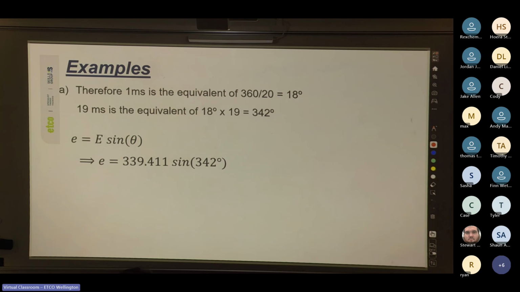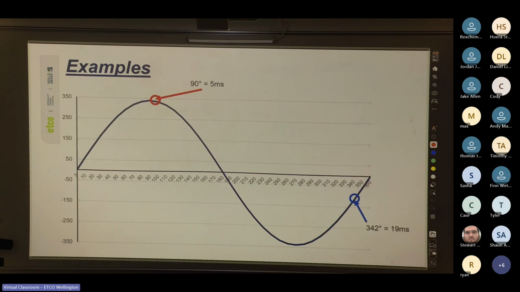Yep, so we take our 339.411 sine of 342, which gives us our negative 104.88 volts. So we would put that onto the sine wave. Yeah, we could round it up to 0.9. So that's where we would plot it on the sine wave graph.